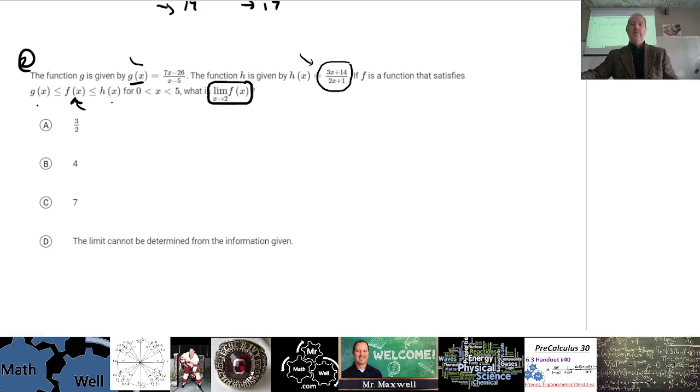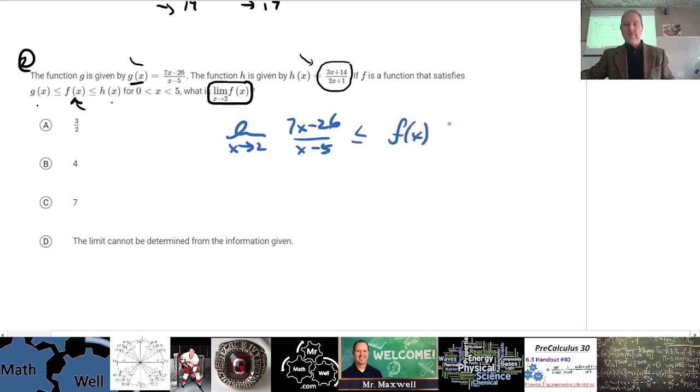So I would write it out like this, and you may be already ahead of me, but let's do the limit as x approaches 2 of 7x minus 26 over x minus 5. That would have to be less than or equal to the f of x in question, which would have to be less than or equal to the limit as x approaches 2 of the upper function, which is 3x plus 14 over 2x plus 1.